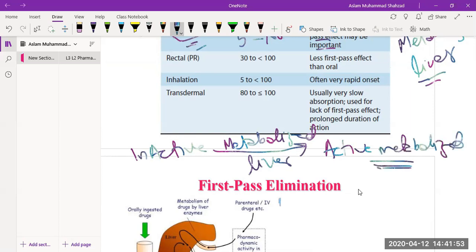This active metabolite is then more important to produce the desired pharmacological effect.